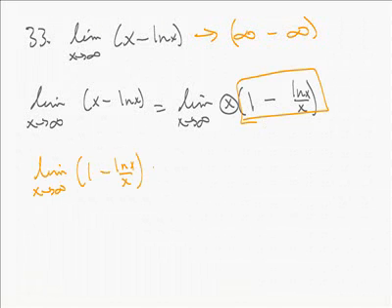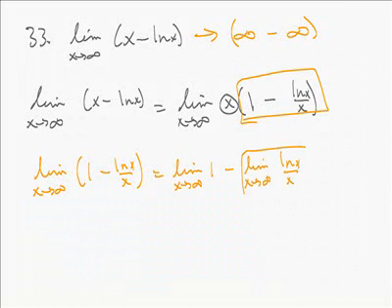Here we can use limit laws, because we have the limit as x approaches infinity of 1 minus the limit as x approaches infinity of the natural log of x over x. So here we have an indeterminate form. So by L'Hopital's rule, which we can sometimes put an h above the equal sign to indicate we're using L'Hopital's rule, we have the limit as x approaches infinity of 1, which of course is just going to be 1, minus the limit as x approaches infinity.